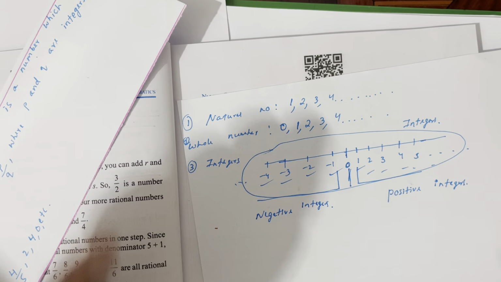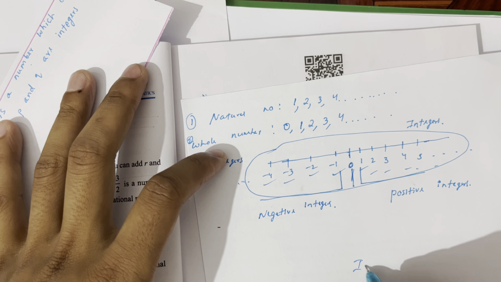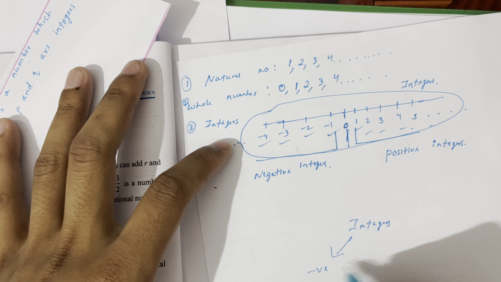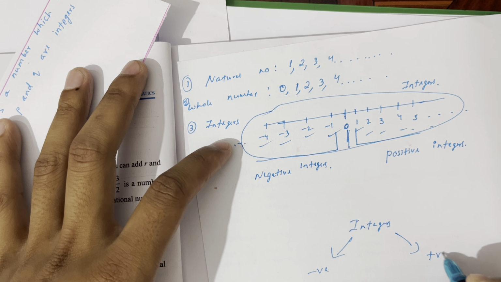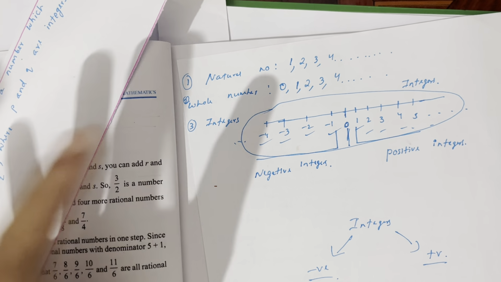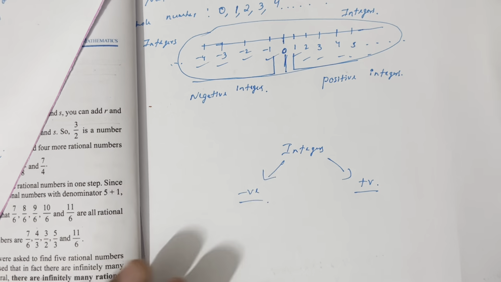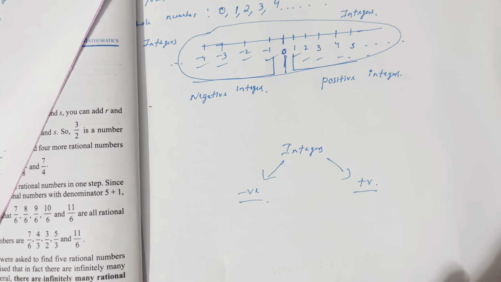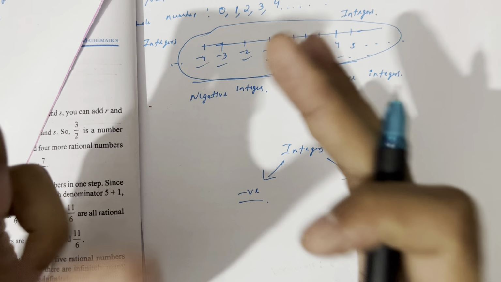Now you know what integers are. There are two types, negative and positive integers: the right hand side is positive integers and the left hand side is negative integers.